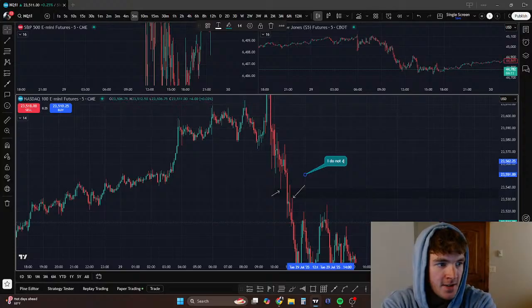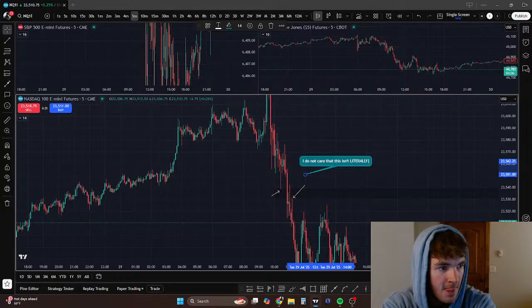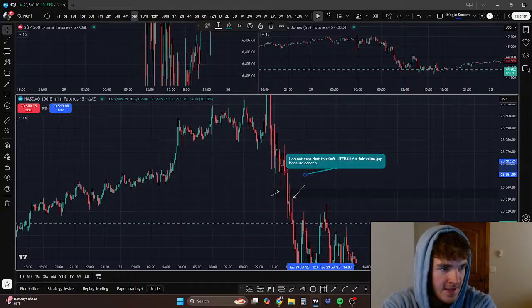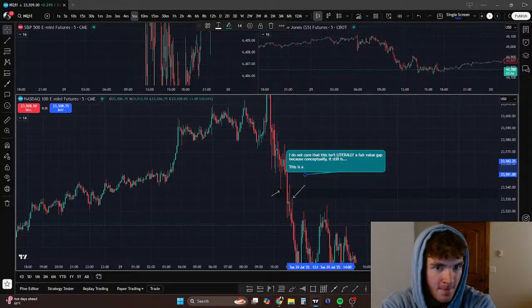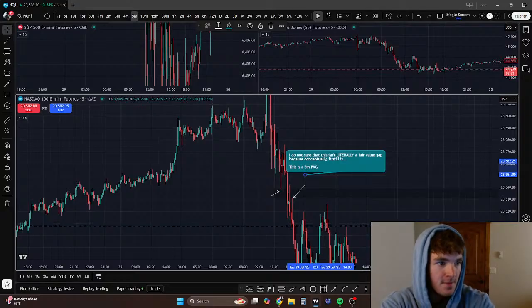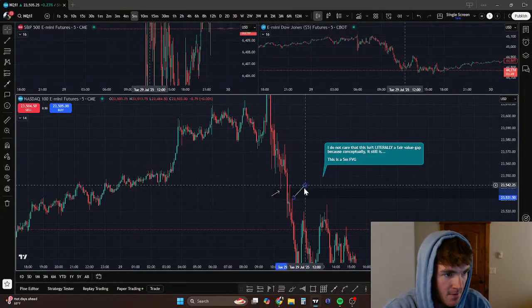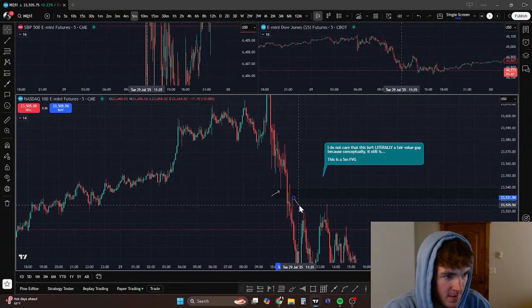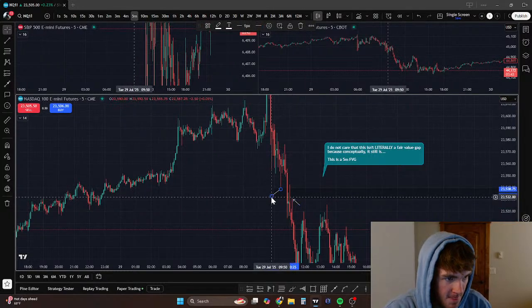I do not care that this isn't literally a fair value gap, because conceptually it still is. This is a 5-minute gap. 5-minute fair value gap. I genuinely don't care, right? From one wick to another, right?